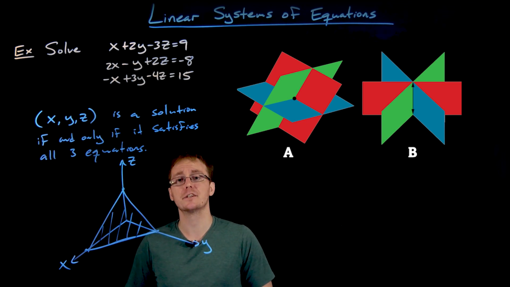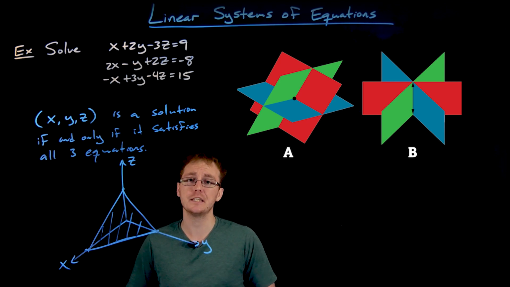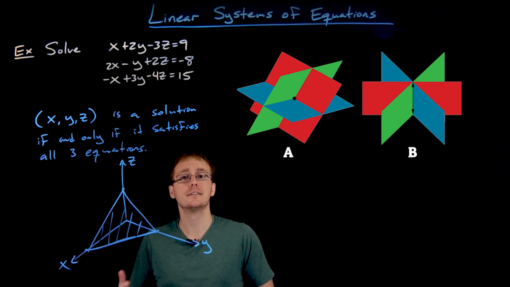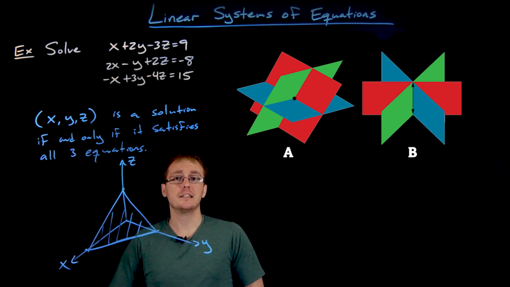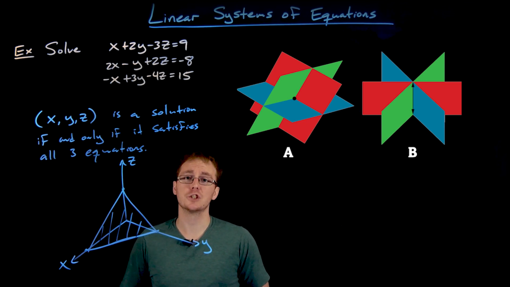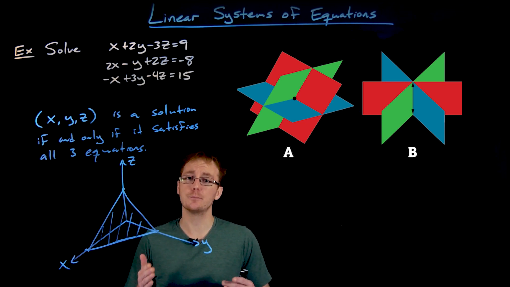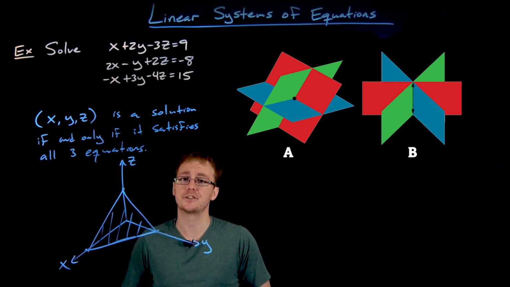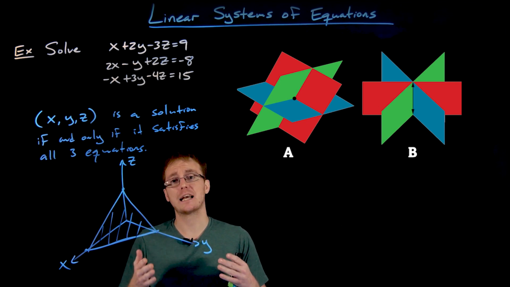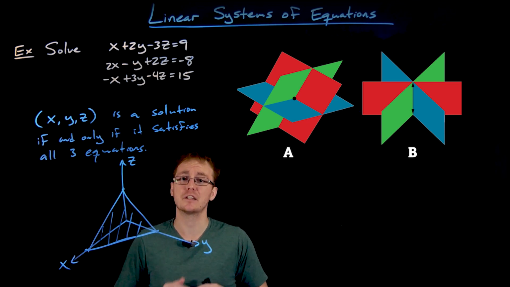That single point of intersection is going to be the single solution x, y, z to our 3x3 system of linear equations. In figure B, we can see another case where we have solutions, but this time it's going to be infinitely many solutions, right? Whenever any 2 planes actually intersect each other, they're always going to form a line of intersection. And so, if we just have 2 planes intersecting each other, that gives us a line of intersection with infinitely many points.